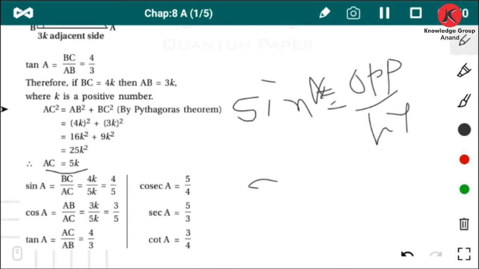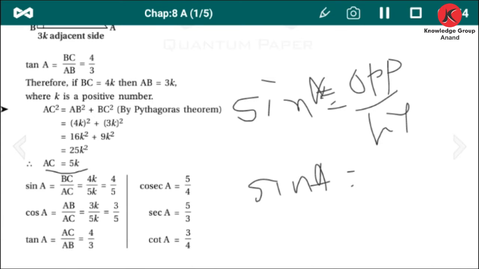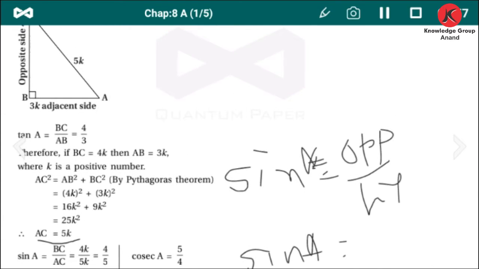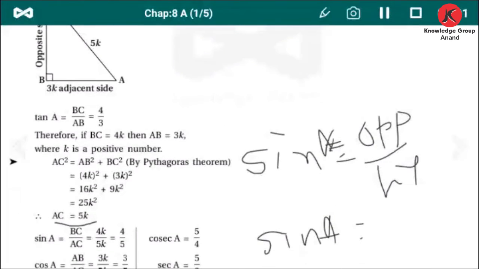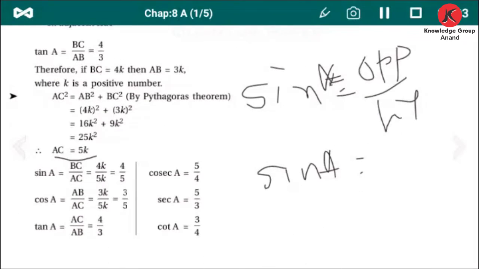Therefore sine A is equal to BC upon AC, 4K upon 5K, 4 upon 5. Sine A is equal to 4 upon 5.